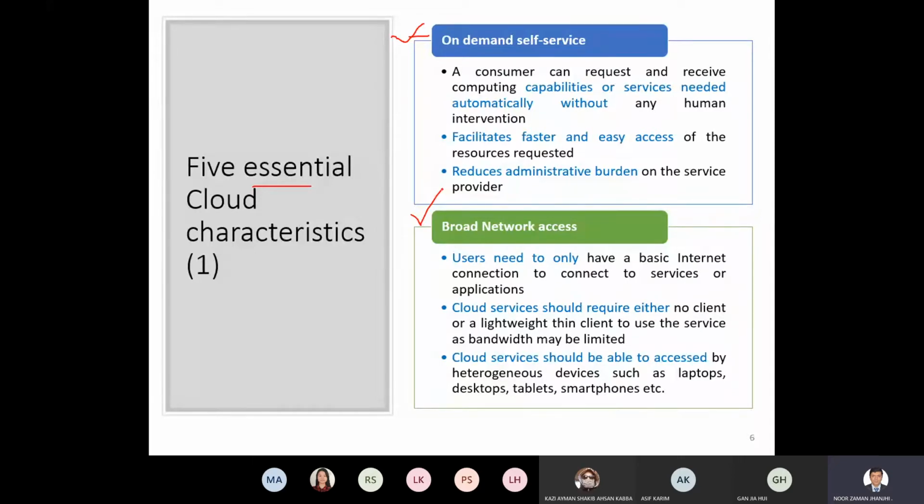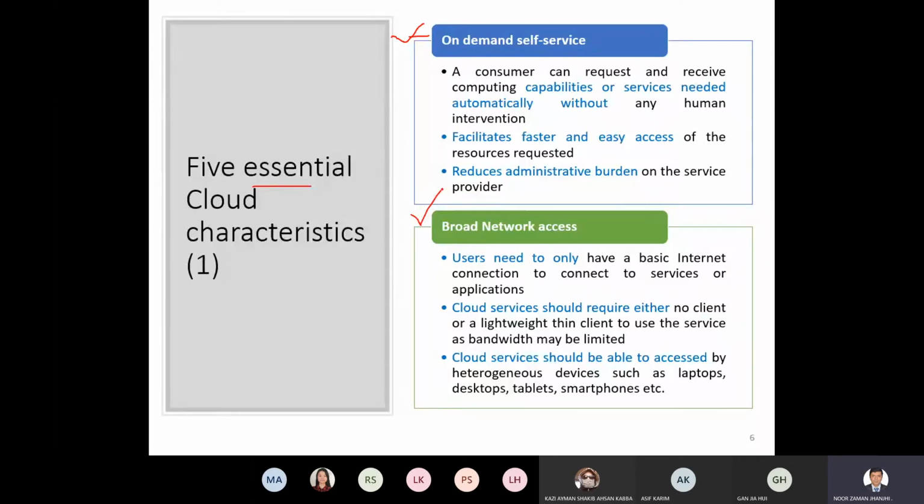And the cloud services should require either no client or a very lightweight, thin client. The cloud services should be able to be accessed from heterogeneous devices as well.